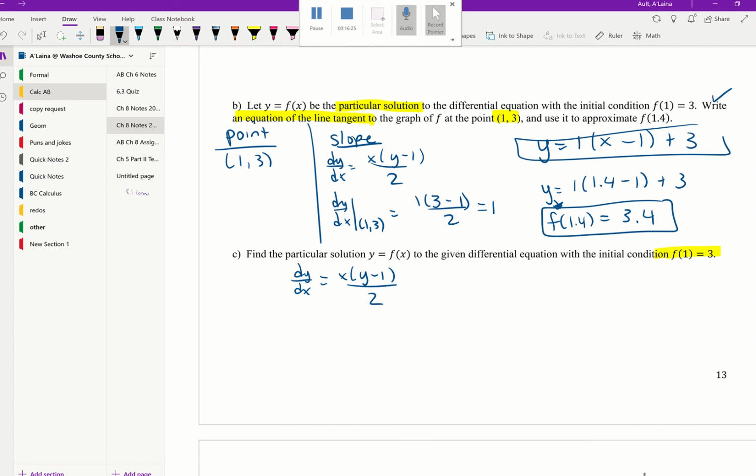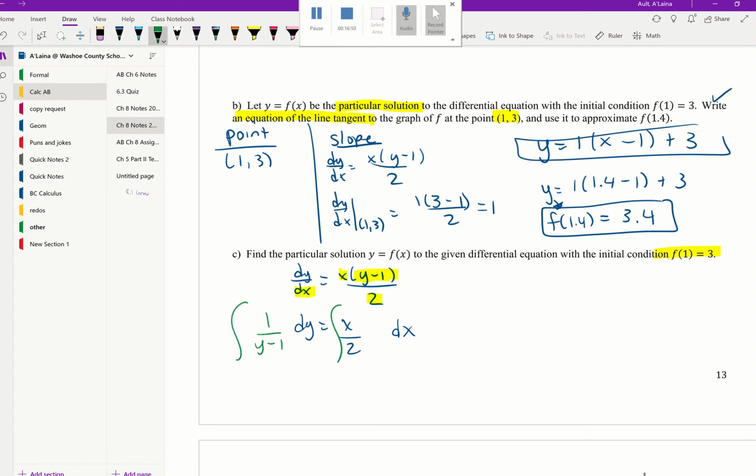I remember I'm using typically multiplication or division to try to separate this. So I'm happy where the dy is. The dx, I'm going to move to the other side, so I'll multiply both sides by dx. I'm happy with this x, and I'm happy with this divided by 2. Those are on the correct side. But this y minus 1, I need to divide both sides by y minus 1.